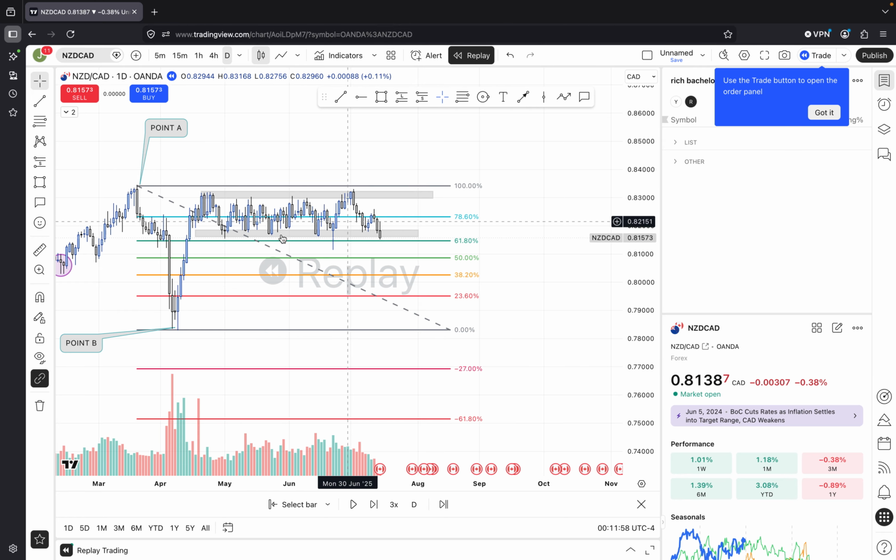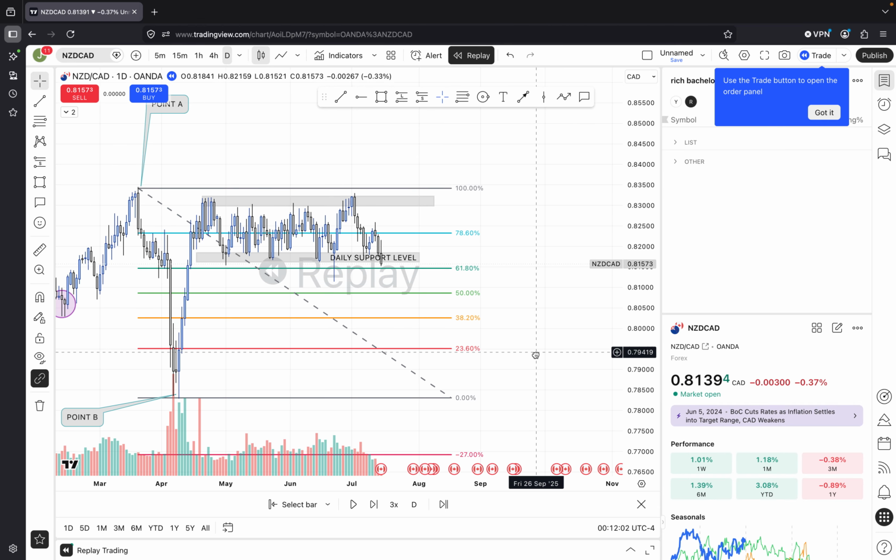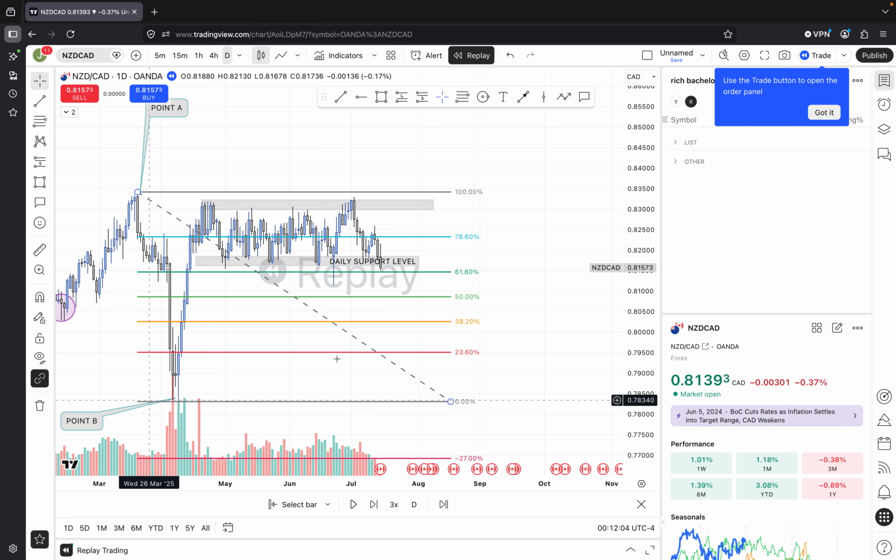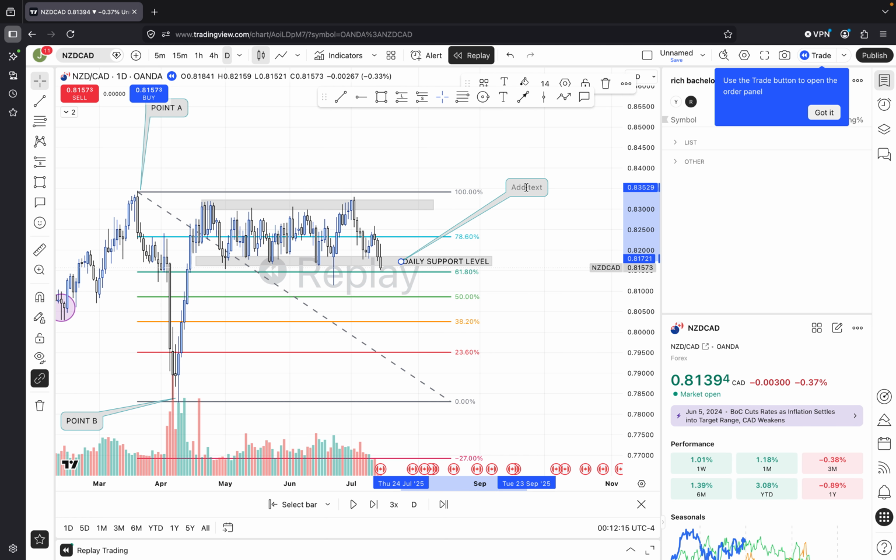Of course, price is in a box, but bear with me. We're already at point A, we're at point B. So where am I thinking at? I'm thinking price has to break support. Price has to break support. Why?